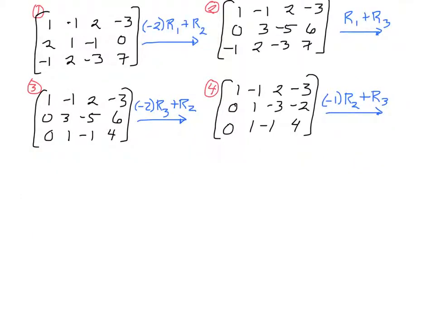Okay, so we are going to end up multiplying row 2 by that negative 1 and adding it to row 3 to get our fifth matrix.